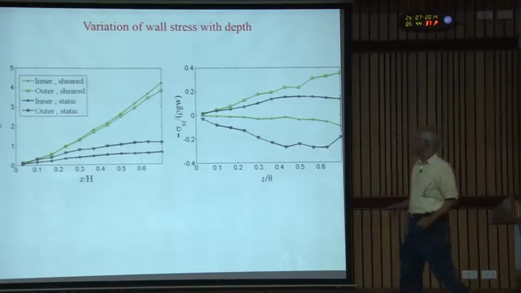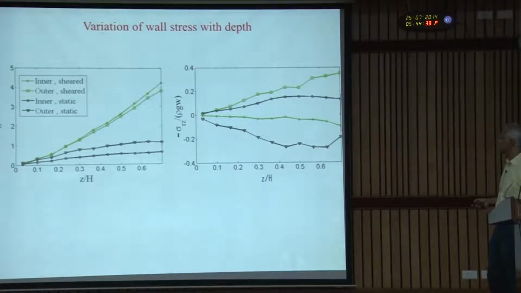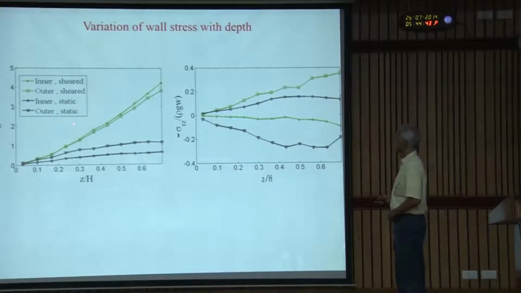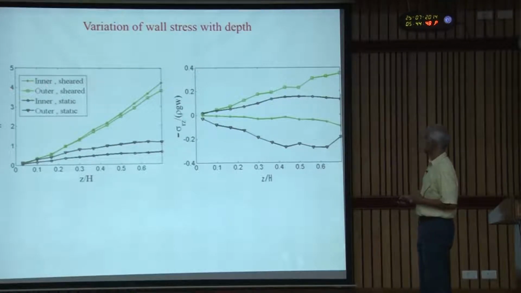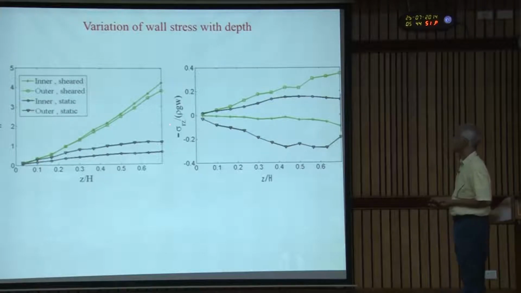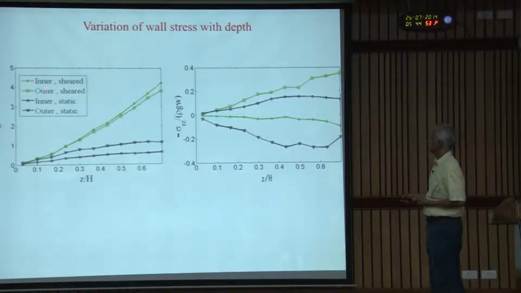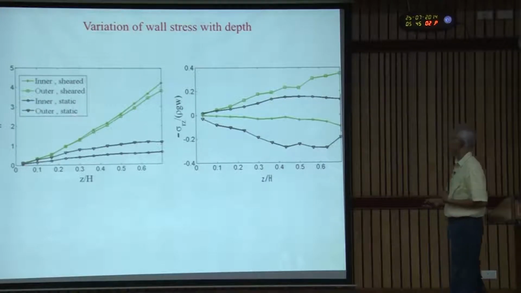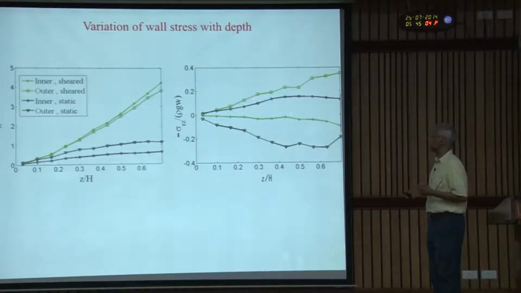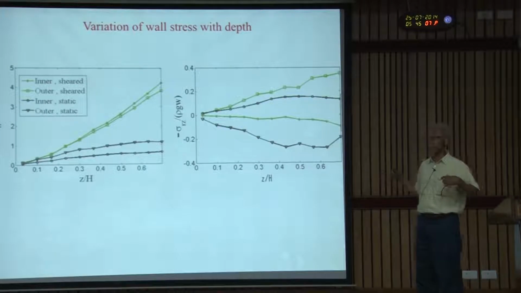And then the second validation: what are the wall shear stresses? These are the wall stresses. These are the normal stress, and these are the shear stresses. You have them both at the inner and outer cylinders, and there should be opposite signs if you think about it.